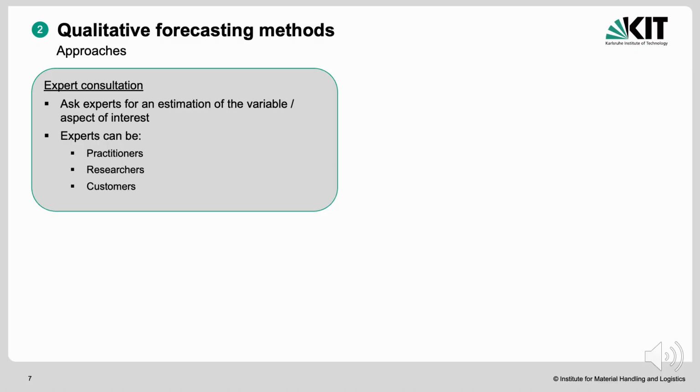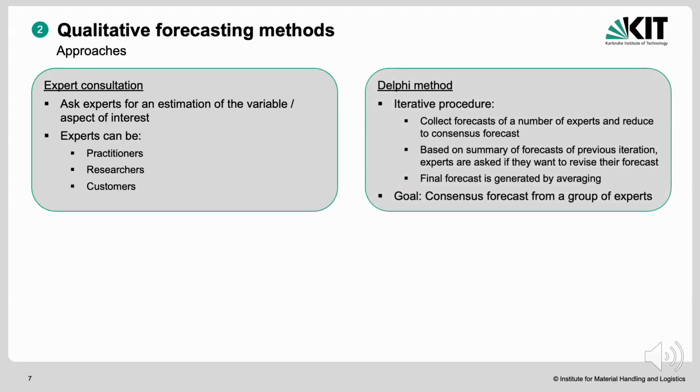So one approach is expert consultation, asking experts for an estimation of a future development. The experts can be practitioners, researchers, customers. A structured method of doing that is the so-called Delphi method. In the Delphi method, we proceed iteratively, which means we collect forecasts of a number of experts, and from that we try to create a consensus.